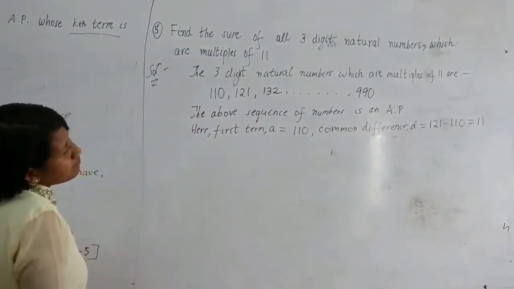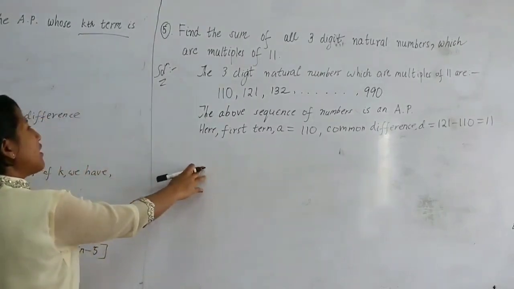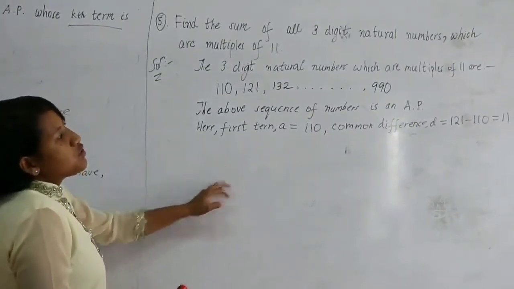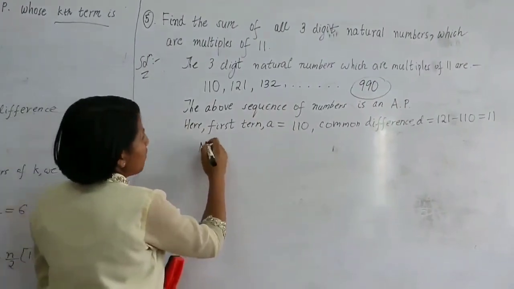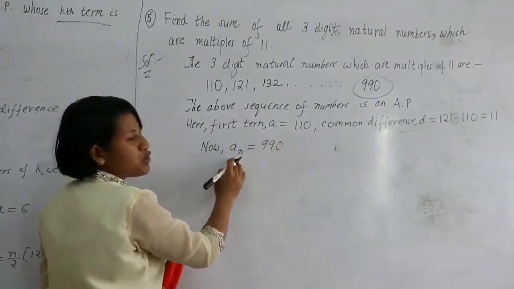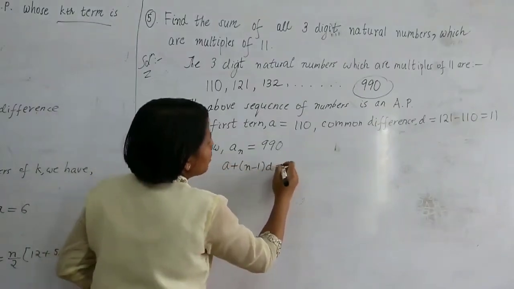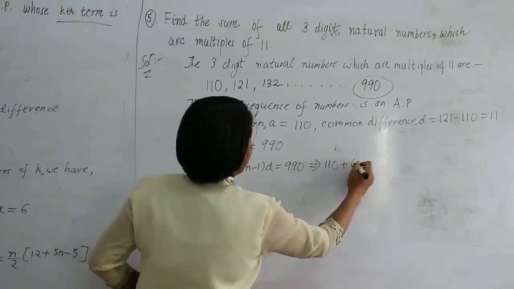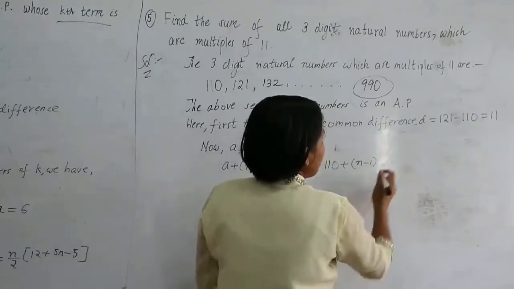Then n should always be known in the formula. So we will make use of this last term. This an is this, and this will help you find n. So a plus n minus 1 d equals 990. Substitute d, it is 11.